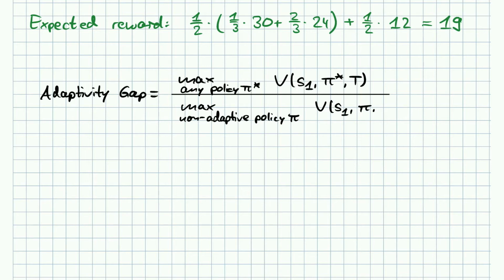So everything is the same except that we constrain the policy to be non-adaptive.